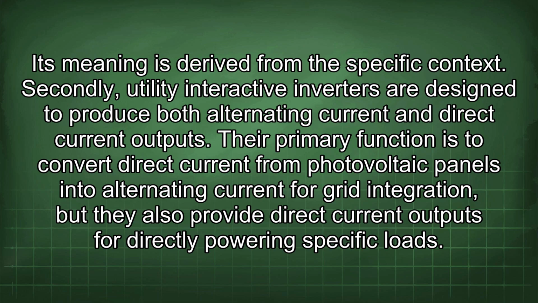Its meaning is derived from the specific context. Secondly, utility interactive inverters are designed to produce both alternating current and direct current outputs. Their primary function is to convert direct current from photovoltaic panels into alternating current for grid integration, but they also provide direct current outputs for directly powering specific loads.